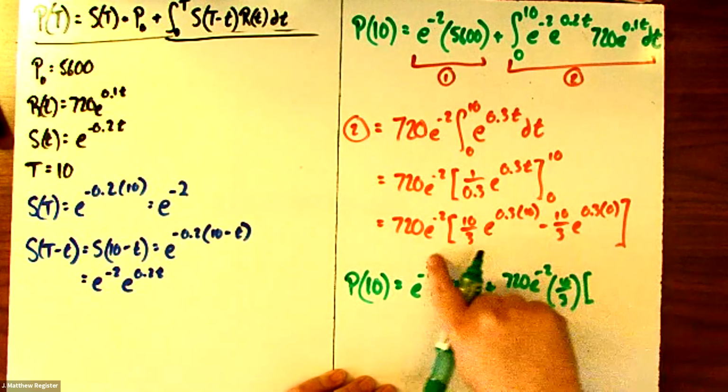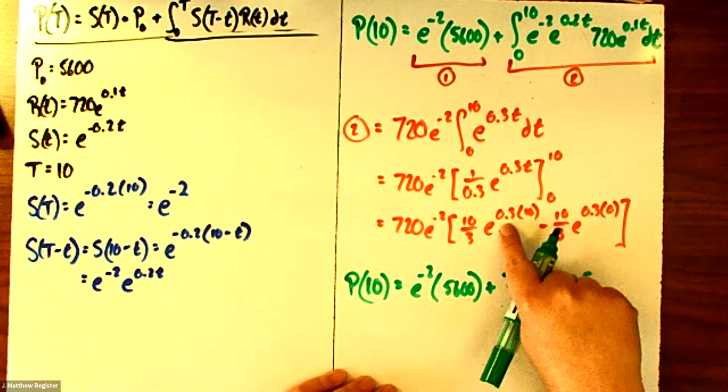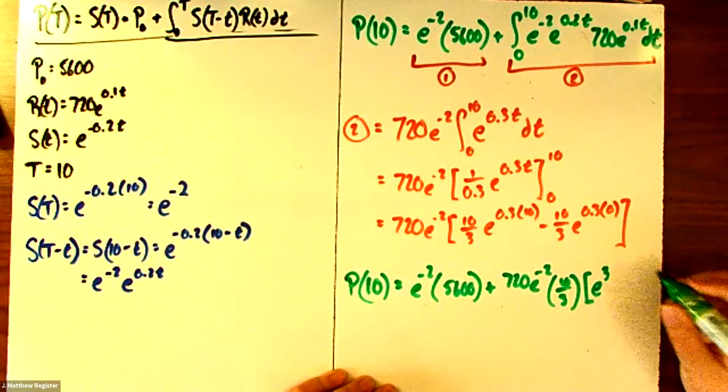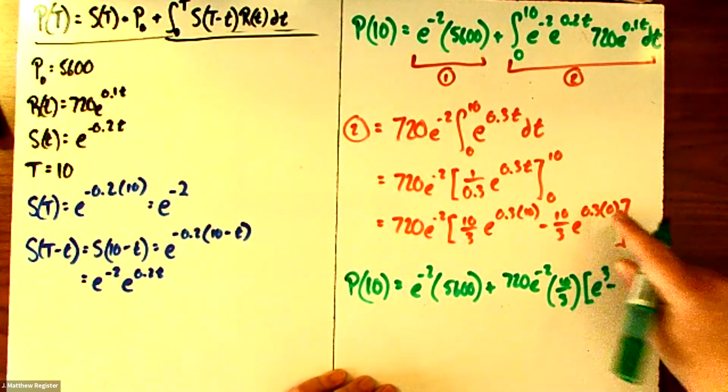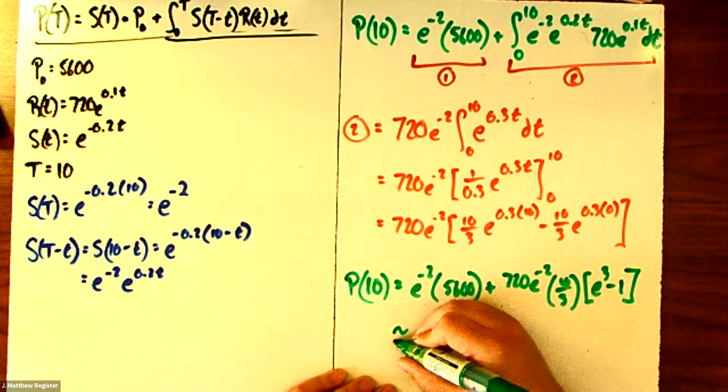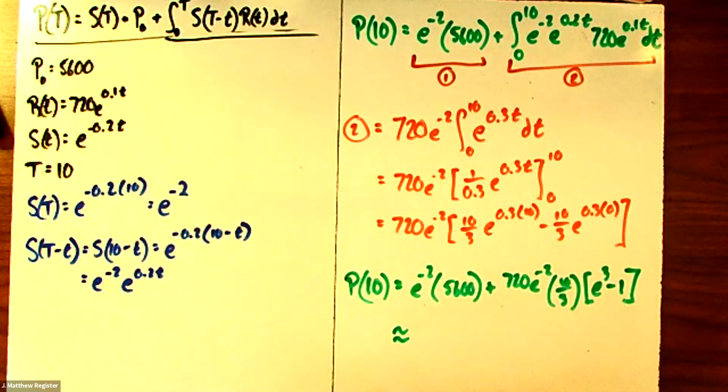And that's factoring the 10 thirds out. Then it's going to be e to the 3 minus e to the 0, which is just 1. At that point, we can plug it into our calculator.